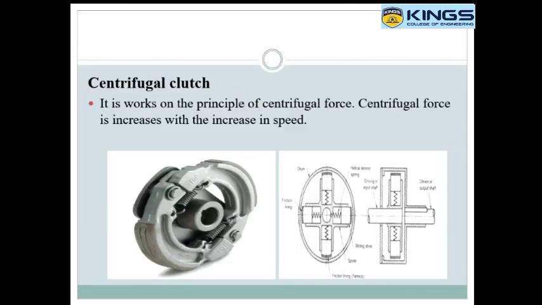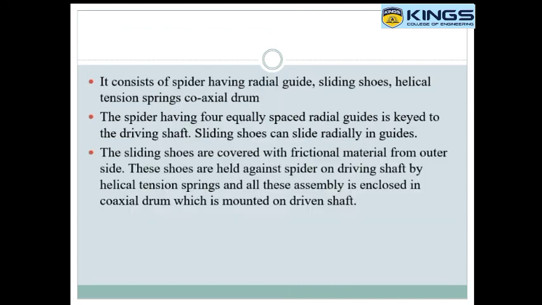Another one is a centrifugal clutch. In a centrifugal clutch, the principle is centrifugal force, which increases with increasing speed. Therefore, the clutching operation is that power is transmitted from the driving shaft to the driven shaft by the movement of the spider.